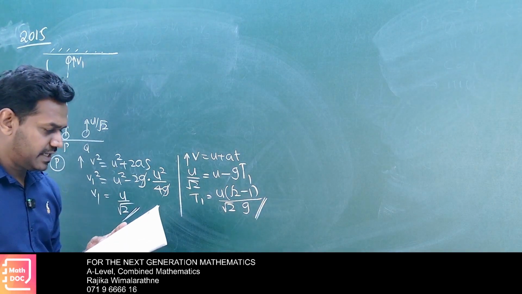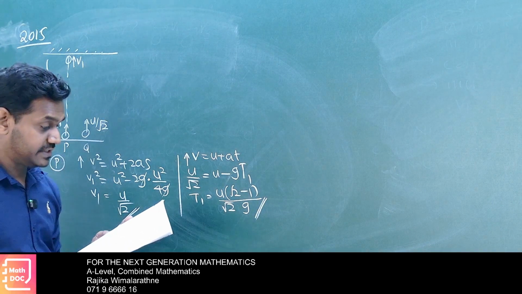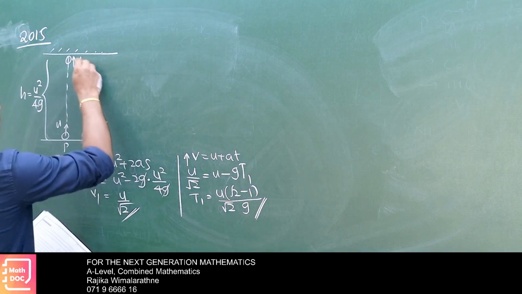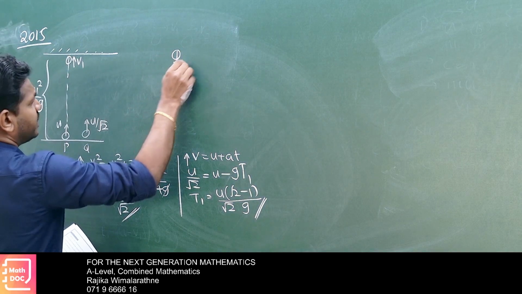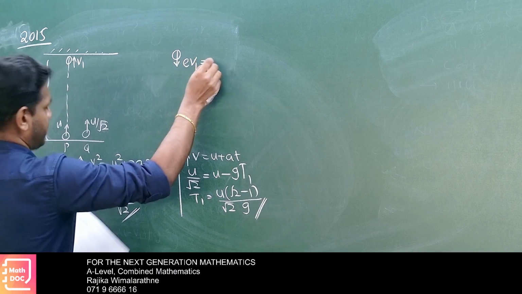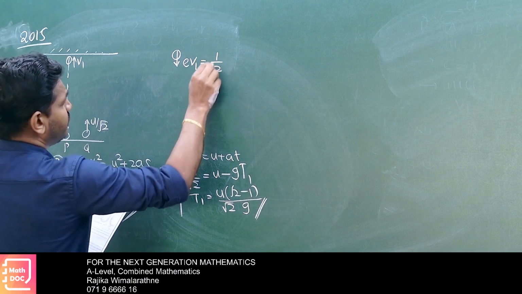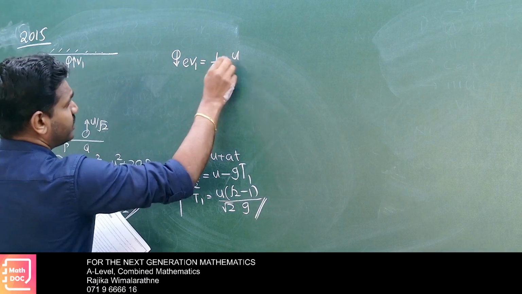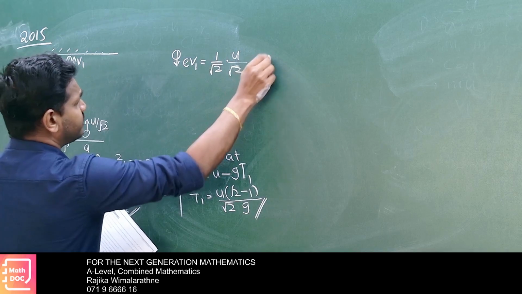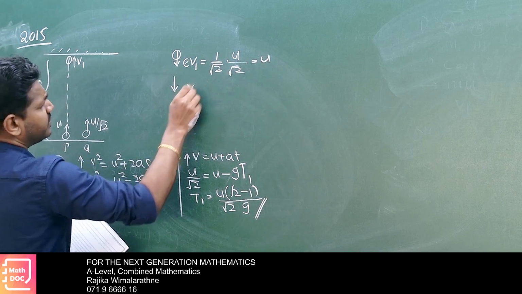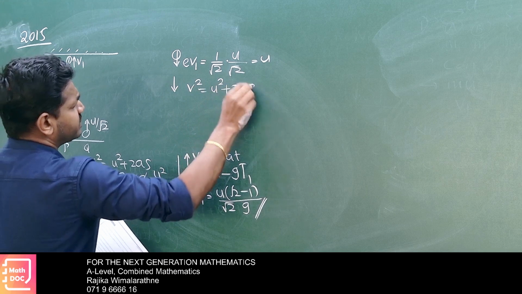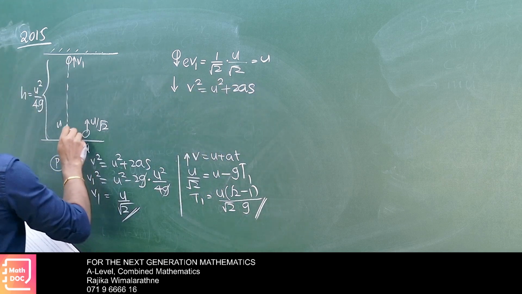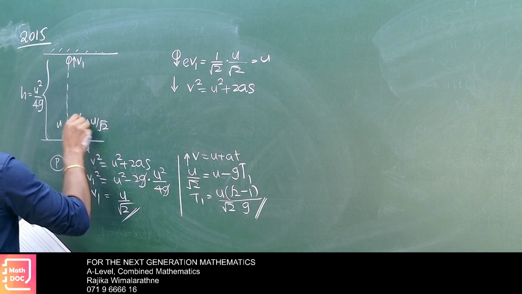Show that particle P returns to its point of projection with speed... Okay, now it collides, no? Then it rebounds with velocity ev1. e is given as 1 over root 2, v1 is u over root 2, so that is u over 2. Then again use downward motion, v squared equals u squared plus 2as. Take the velocity v2.